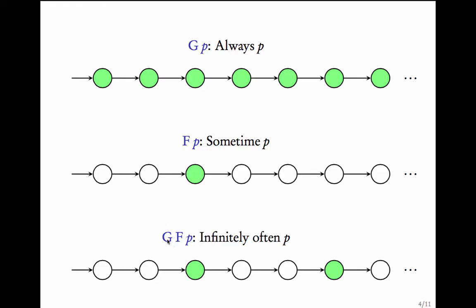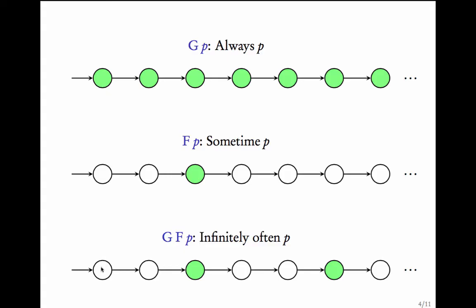This just says that in every state, there is a possibility of going to P. So see, FP says that from the initial state, sometime you reach P. GFP says that from every state, FP is true.